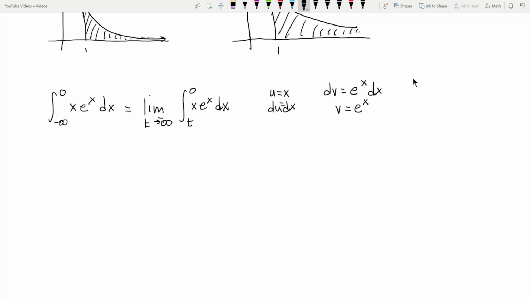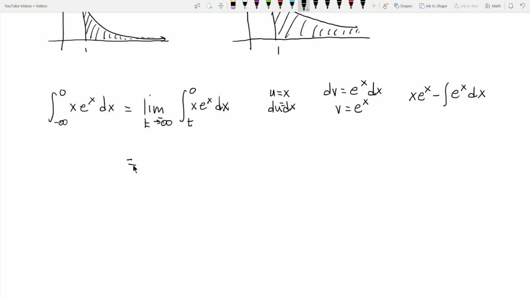And what we get is uv, which is x e to the x, minus the antiderivative of v du, so that's e to the x dx.